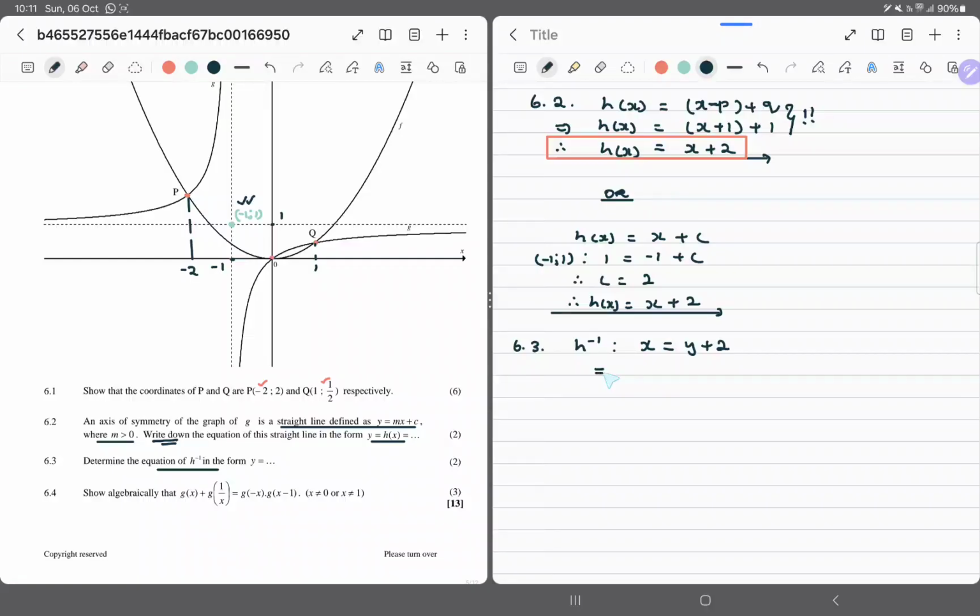Now this implies that y is going to be x minus 2. Therefore, the inverse in terms of x is going to be, or they didn't ask us, they said in the form y. So we can just forget about this one. You can say therefore y equals x minus 2. In fact, I should not have wasted time also. This is already done here.